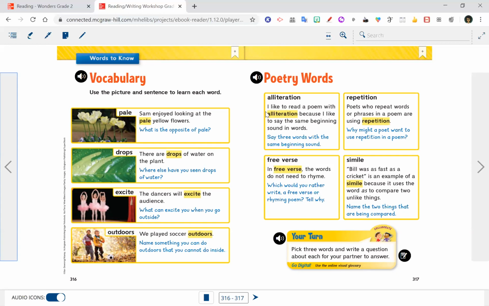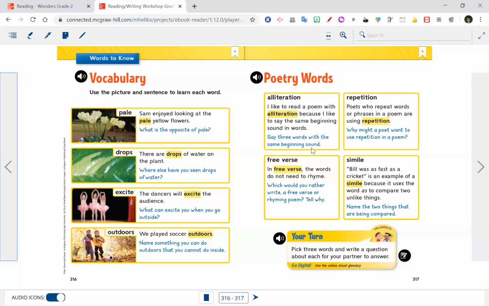So alliteration. I like to read a poem with alliteration because I like to say the same beginning sound in words. When we're using alliteration in poetry, that's when the poet uses the same beginning sounds over and over again. So I want you to think. Say 3 words with the same beginning sound.